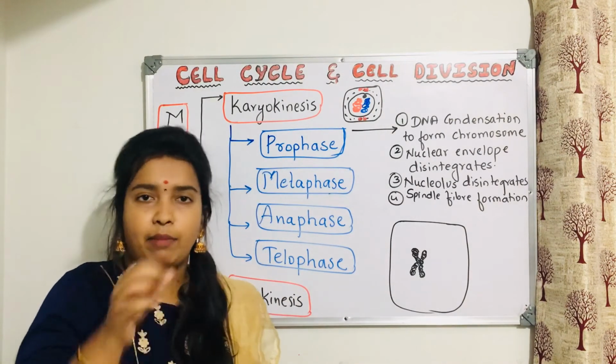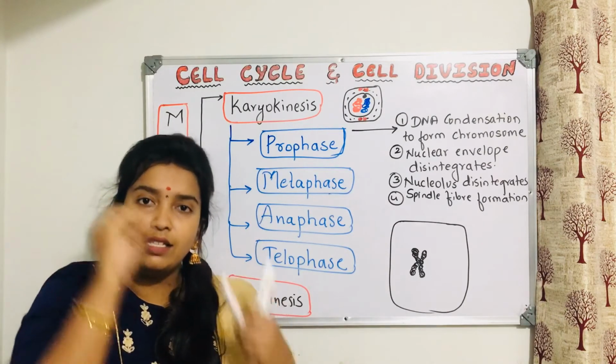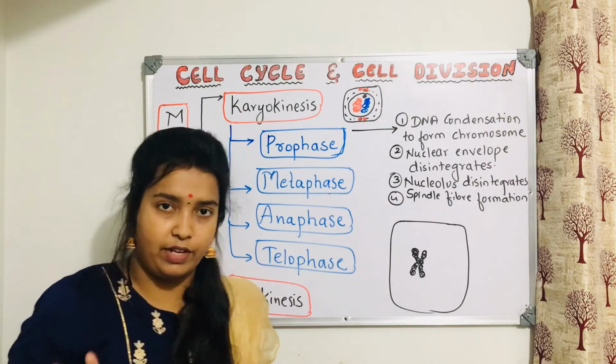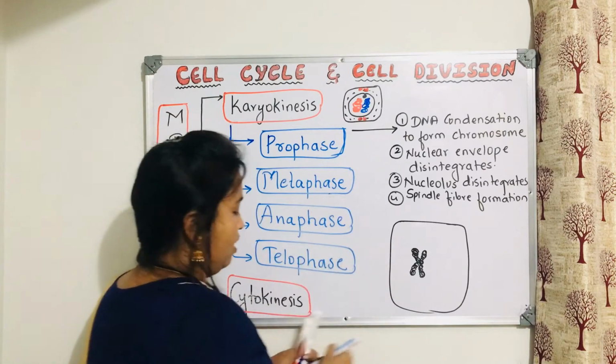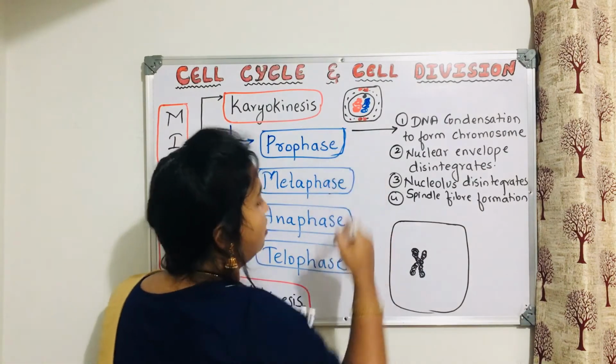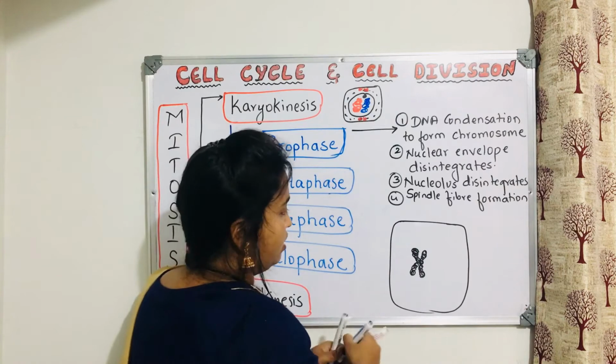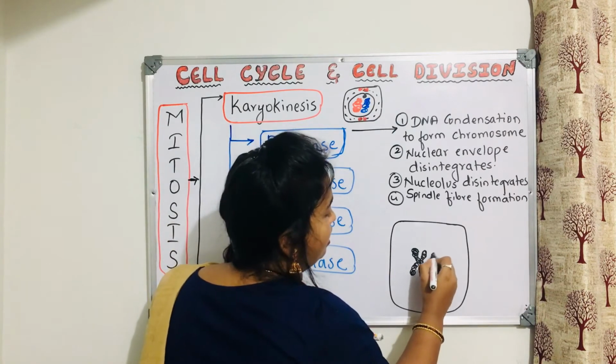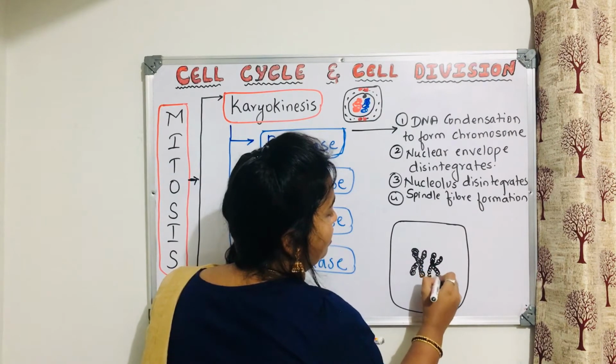Condensation will complete in metaphase only. I mean, completely condensed chromosome you will find in the metaphase. But here it has started. Anyways, just try to understand that DNA has started producing condensed chromosome like this.